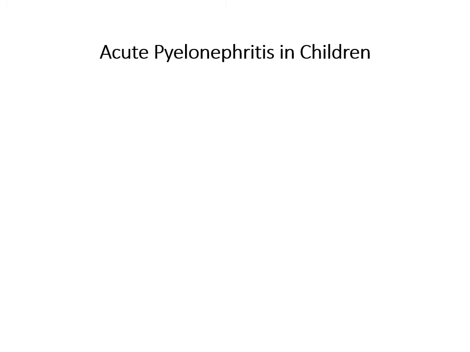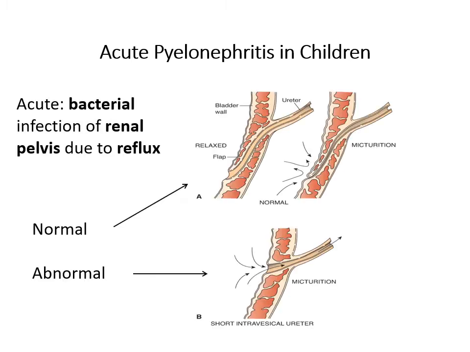Now some children can have a condition where their ureter, when it comes into the bladder, isn't fully closing as the bladder fills with urine. And they get reflux of urine back up their ureter towards their kidney, and that's not supposed to happen. Typically as your bladder fills, the detrusor muscle of the bladder compresses on the ureter, and you don't get reflux of urine back up to the kidneys.